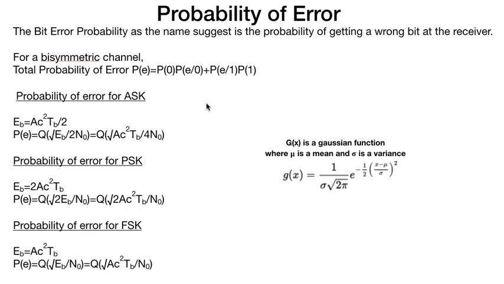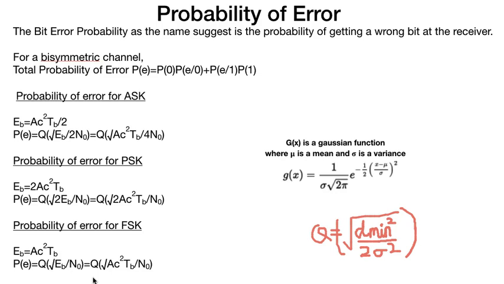For ASK, the probability of error is dependent on bit energy and the noise. The very basic formula to calculate probability of error is P equals Q, the Gaussian function, of under root of something. This is the basic formula. Put every other formula into this.